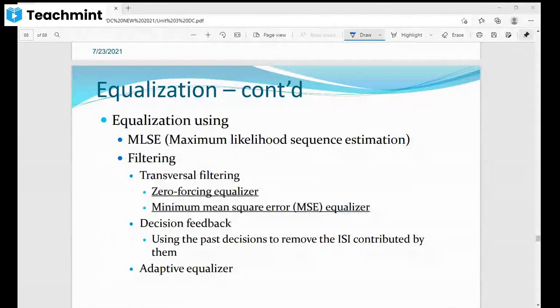Then the blind equalizer. It estimates the transmitted signal without knowledge of the channel statistics and only uses knowledge of the transmitted signal statistics.